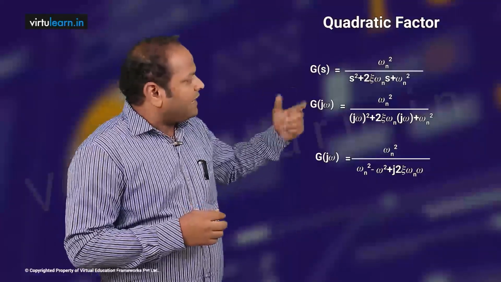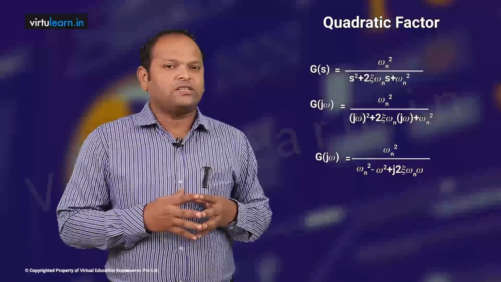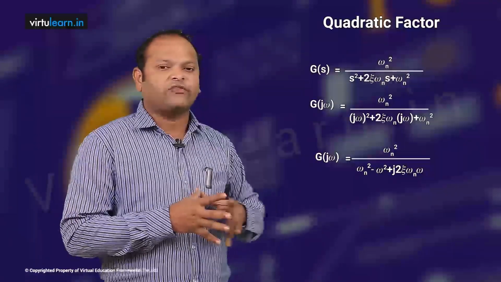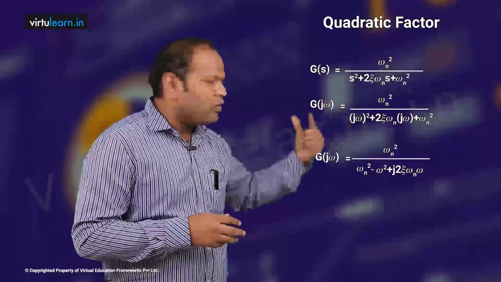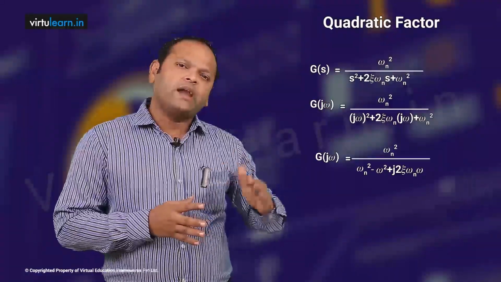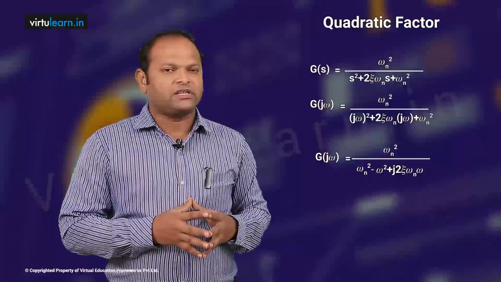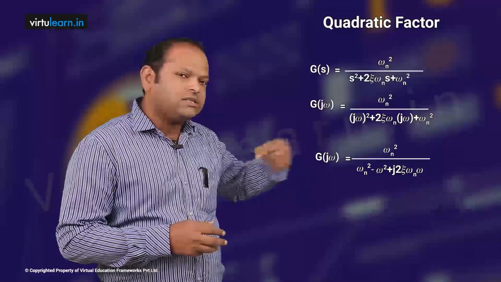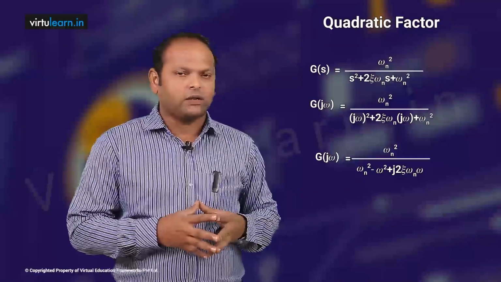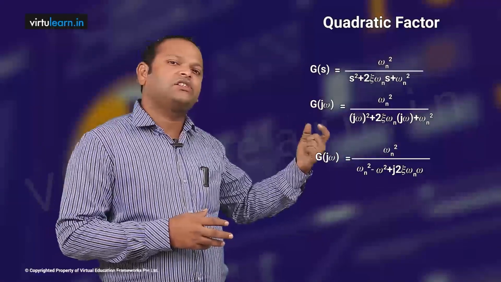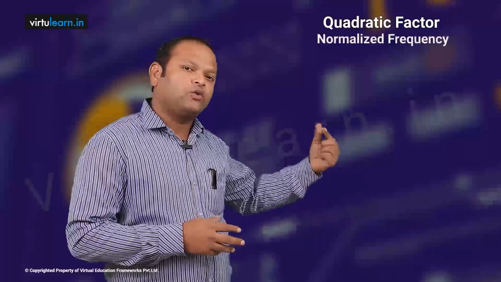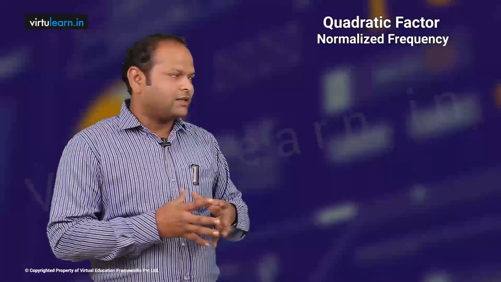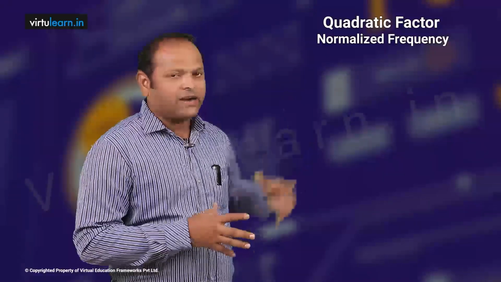Now I can define the normalized frequency in this case. The normalized frequency u is equal to ω/ωn. ωn is constant; for any given system the natural frequency is constant, whereas ω is the independent variable which we are varying. So the frequency is normalized from ω to u by dividing by ωn. So what will be the transfer function?